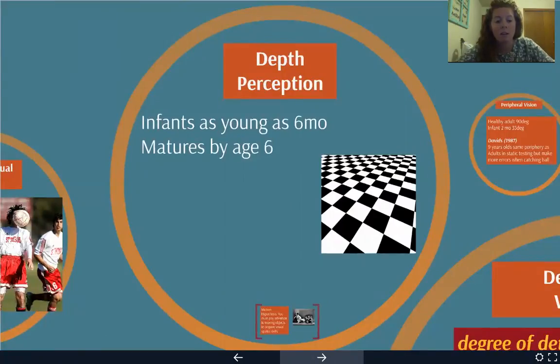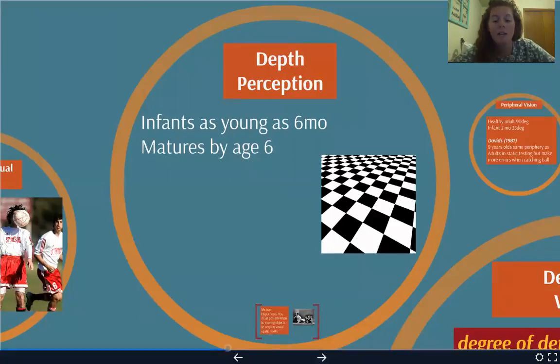Another skill besides dynamic visual acuity is depth perception, and that's the ability to detect not only the depth of an object, but also distance between objects, different sizes of objects over space. That's developed as early as 6 months.